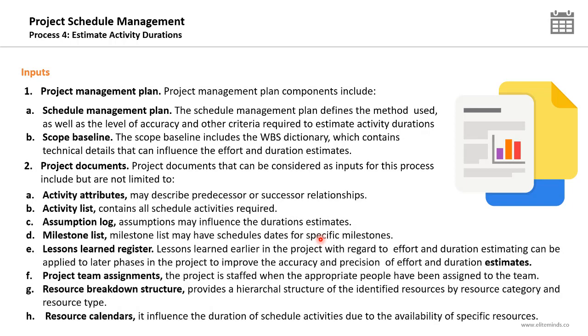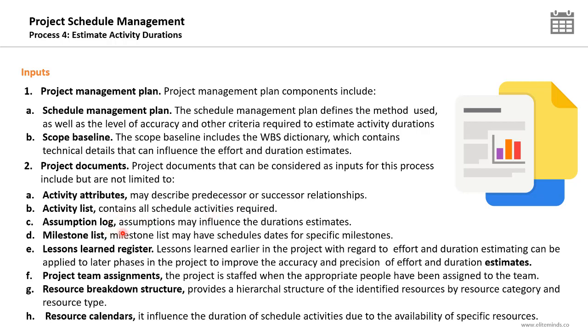The second input will be the project documents: the activity attributes, which describe the predecessor or the successor relationships of the activities, and this will influence the duration. The activity list, which contains all schedule activities required, the ones that we will be determining the duration for as part of this process.